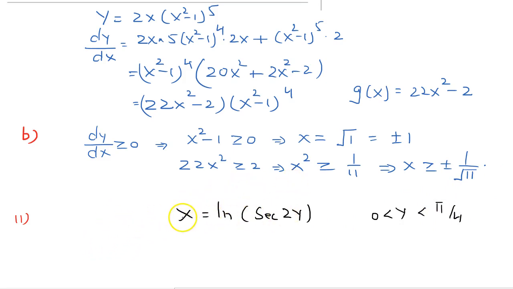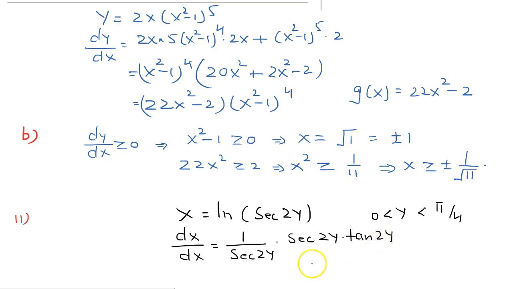Now here we can see that this is x. So dx over dy is equal to ln sec 2y. The differential of sec x is sec x tan x, and the differential of 2y is 2.